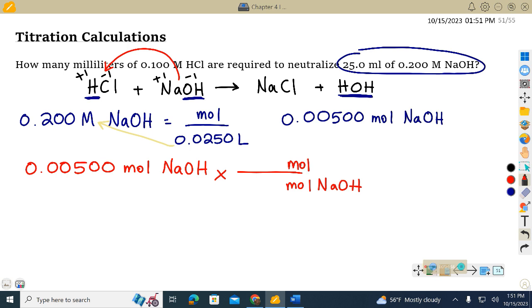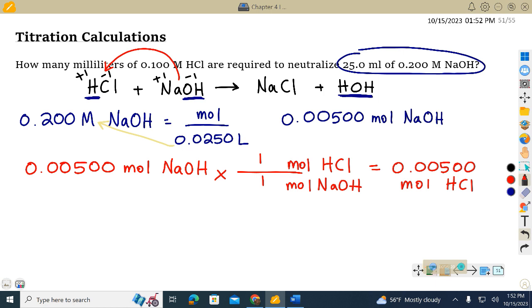I'm looking for the amount of HCl needed, so I'm going to switch it over to the HCl. This is a fantastic 1-to-1 ratio, so maybe I could even get away with skipping this step. 0.005 moles of HCl.